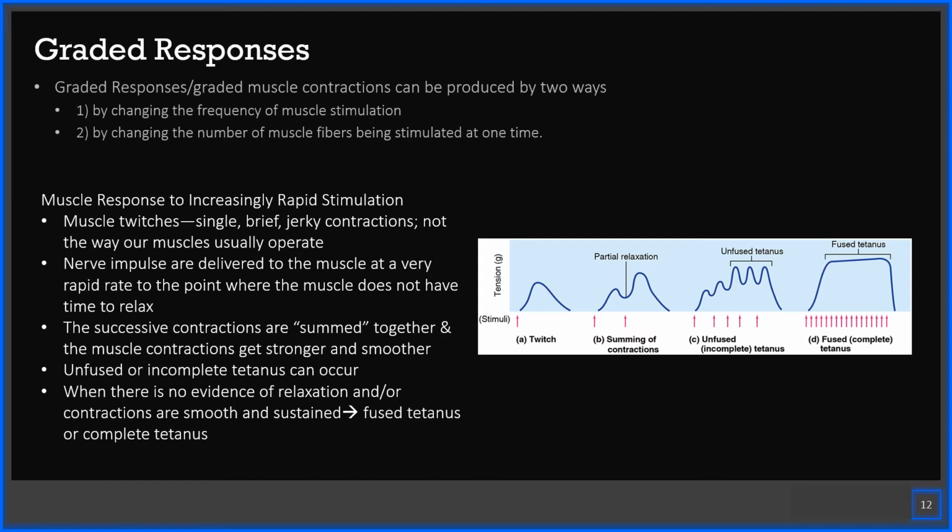You can see multiple twitches and no complete relaxation, and you can see that the last three hills in C are all equivalent, but this is still considered unfused tetanus because there is some relaxation, just not complete relaxation, between the twitches. And then fused tetanus is when you have this nice smooth line at the top. There is no relaxation happening. It is maintaining the same frequency or strength of contraction.